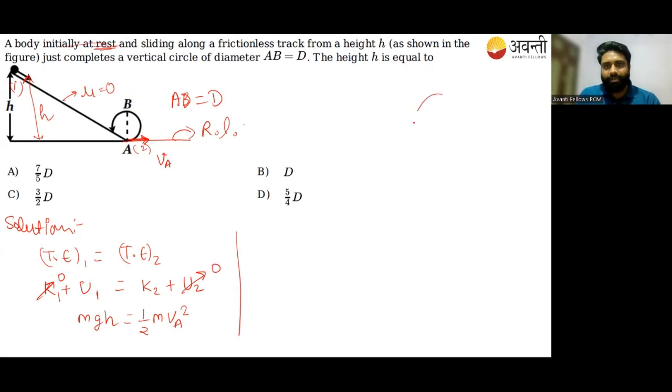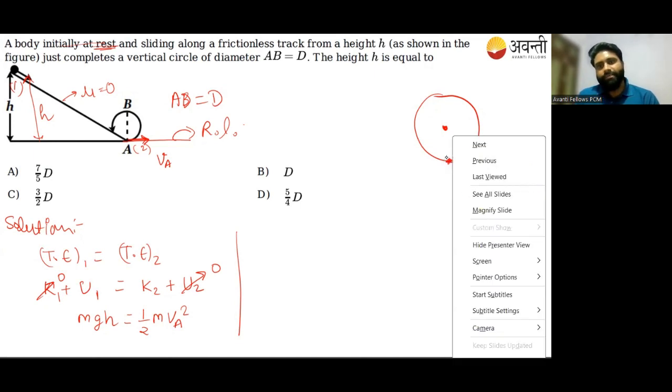Now, from circular motion, to complete a circle from this end point, the velocity must be greater than or equal to root of 5 g times the radius of the circle. This is the formula you should keep in mind.